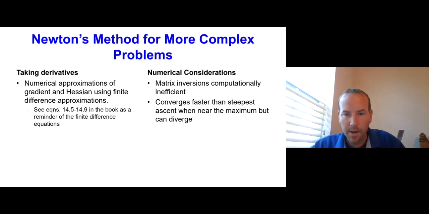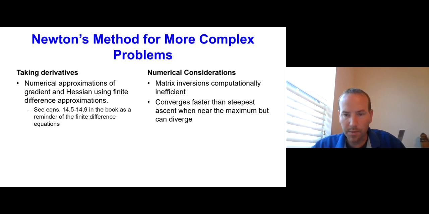And finally, there are other numerical considerations involved in these methods, such as the matrix inversions that we just showed you. That was just for a 2x2, but for a very large system, they can become very expensive computationally. And so you need to then look for ways to speed up the processing.